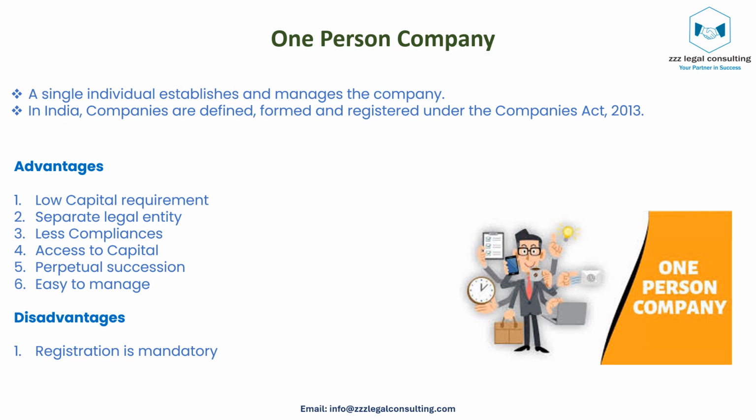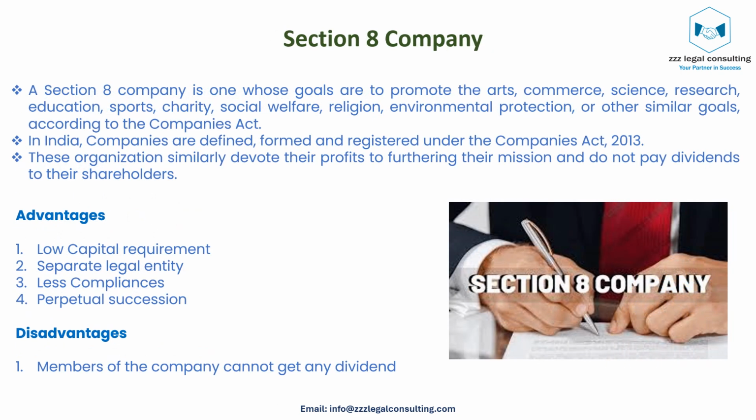Now, another form of business structure, that is Section 8 company. Well, it is not exactly a business structure, as a Section 8 company is a type of non-profit making organization. A Section 8 company is one whose goals are to promote art, commerce, science, education, sports, charity, social welfare, religion, environmental protection, or other similar goals, according to the Companies Act.